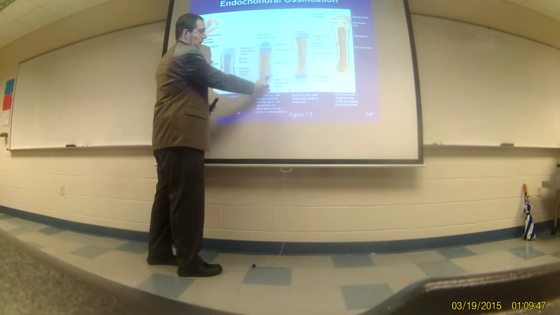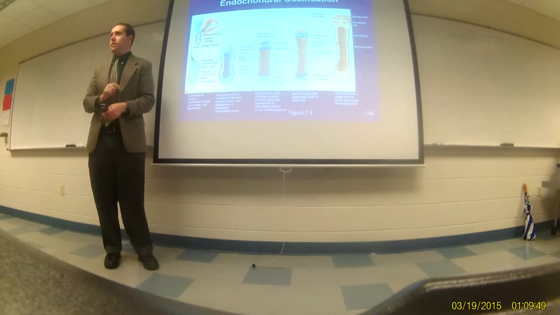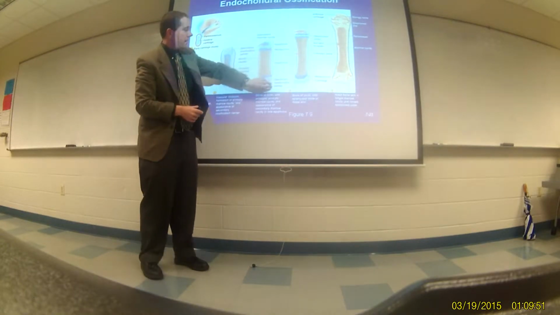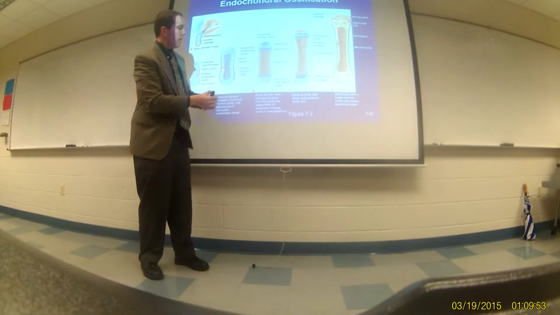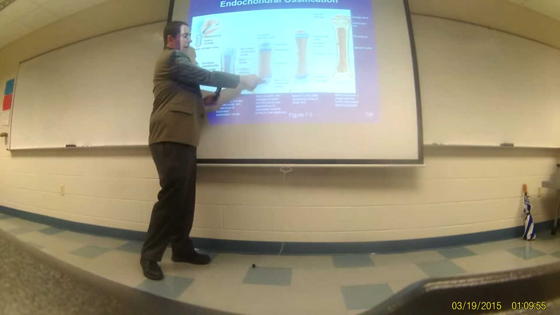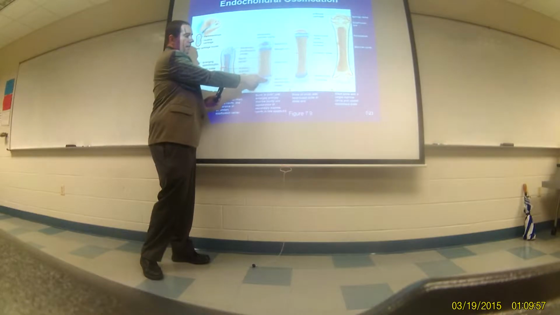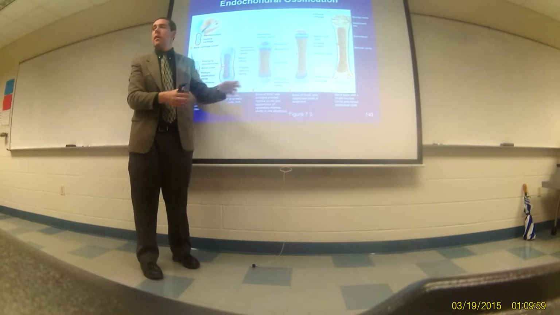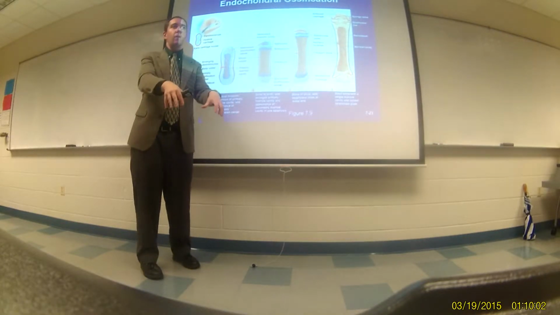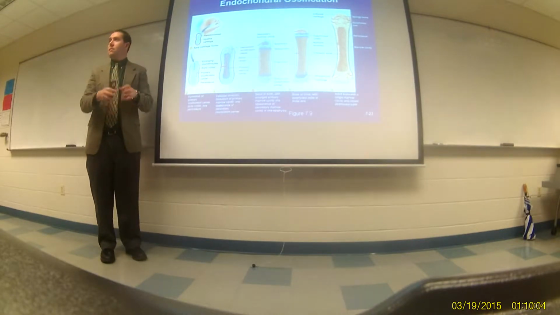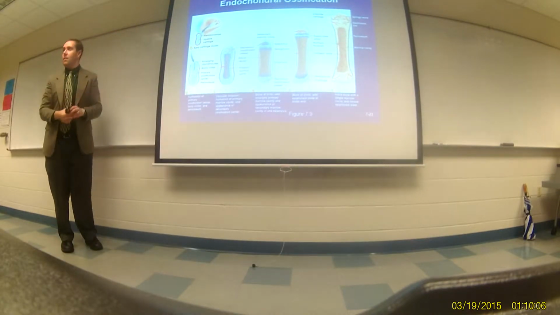Separating them is going to be the epiphyseal plate. And so we have these secondary ossification centers that are putting down cartilage here, and unlike our osteoblasts, these are smart enough to put a layer down and take a step back. Put another layer down, take a step back.